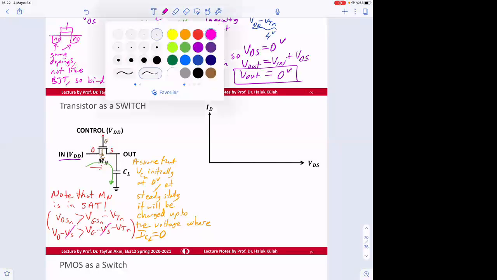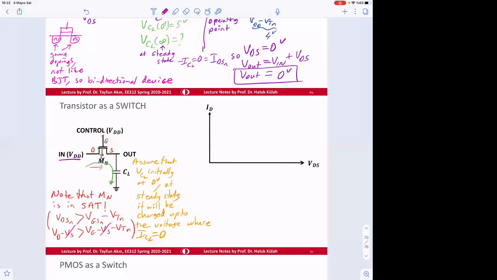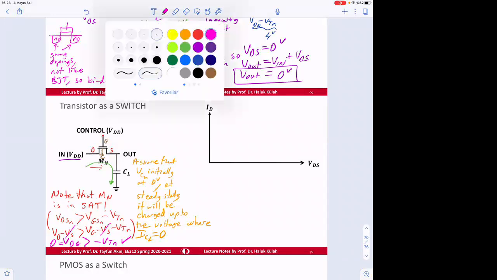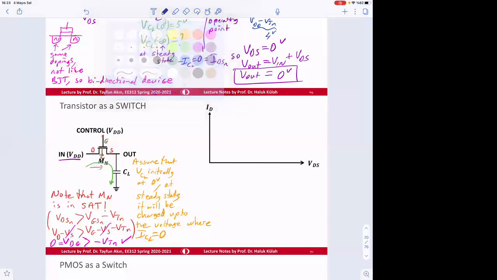So this will look like V drain to gate is always larger than minus VTN. What is V drain to gate? They are both VDD, therefore this is 0. Okay, so this is always the case. So Mn is in SAT. Okay, so that's very interesting.